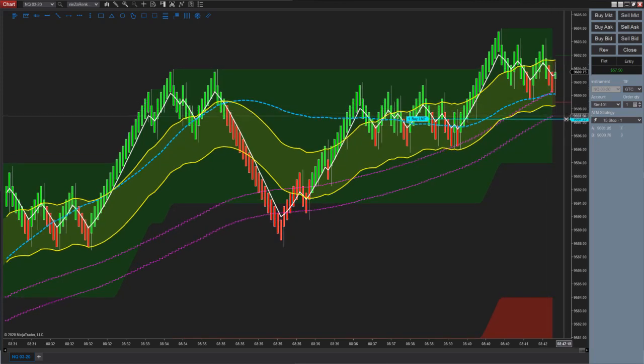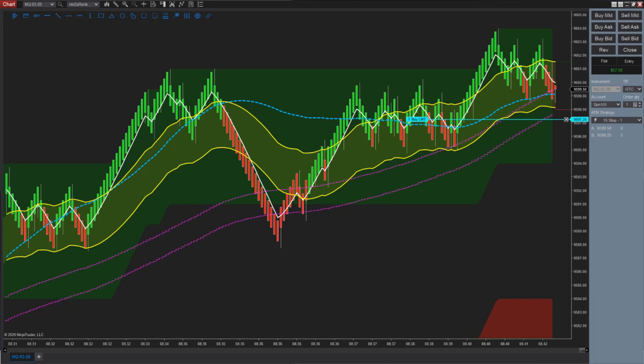The only bad thing about this trade, this would be a lower low. Already made a low, double top here. We'll avoid this trade. Order canceled.